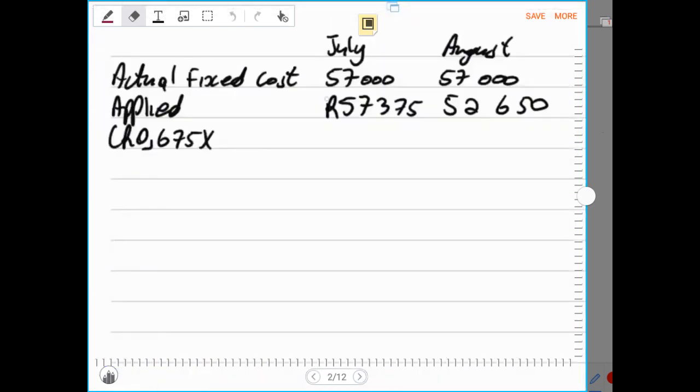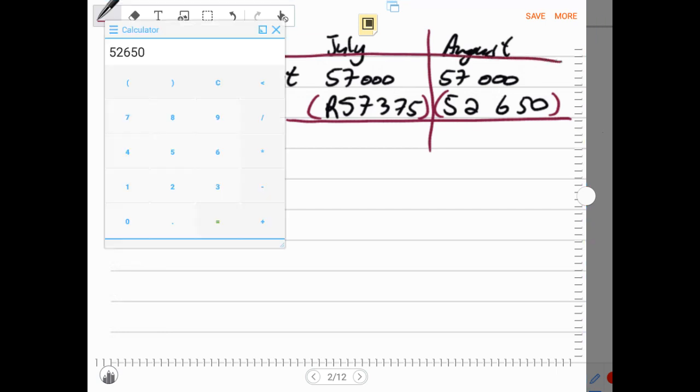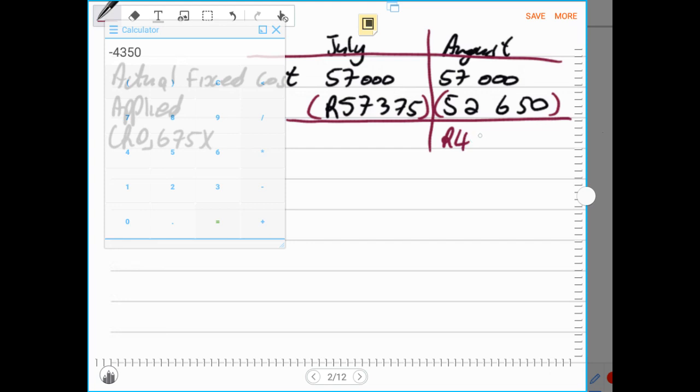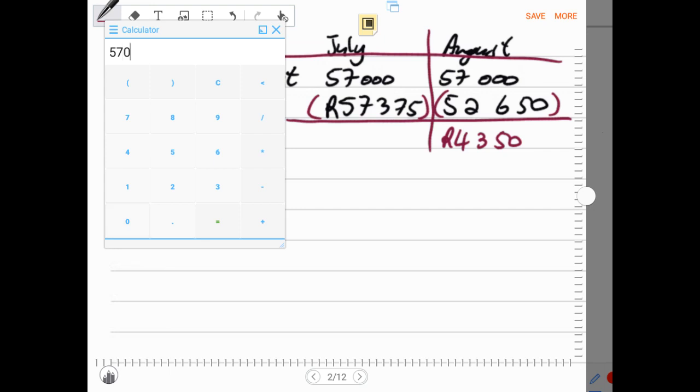So now we know that there is actual and there is also applied. Therefore, we have to subtract one from the other, and after subtracting, we determine whether we have over or under applied, or over or under estimated. So it will be 52,650 minus 57,000, and this will be 4,350. Then it will be 57,000 minus 57,375.